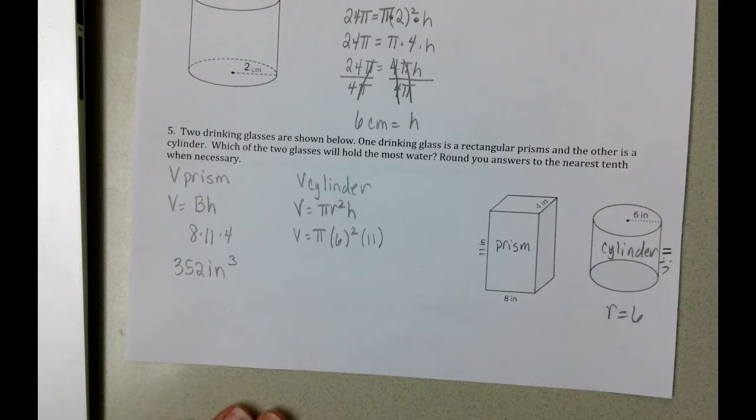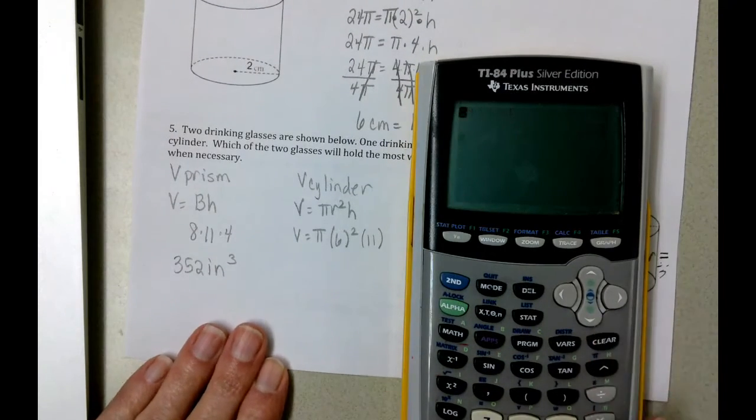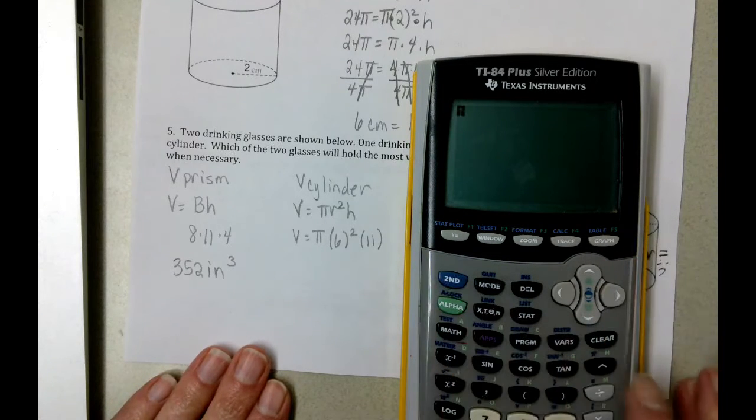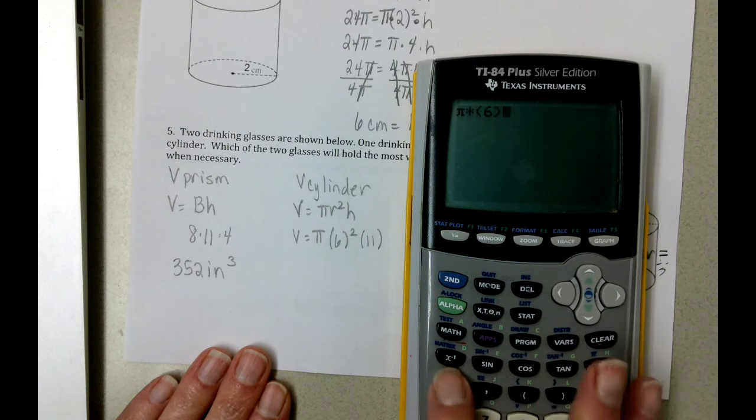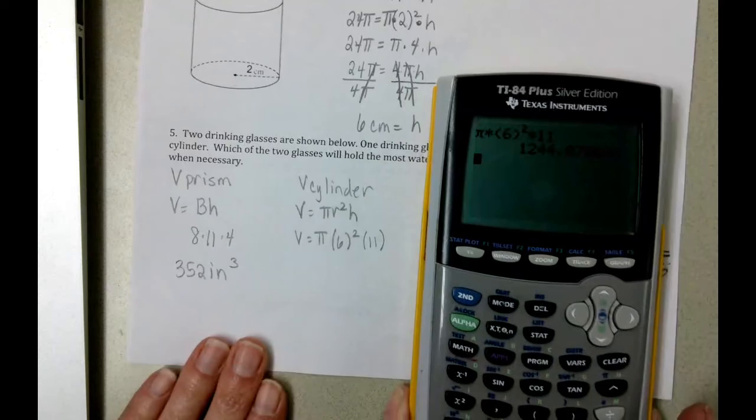When we type this in, we use the pi button: pi times 6 squared times 11. And there we get 1244, and it says round to the nearest tenth.